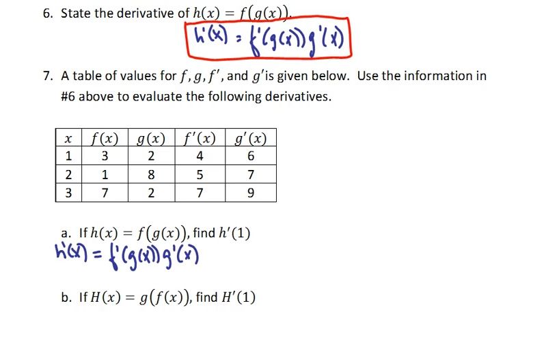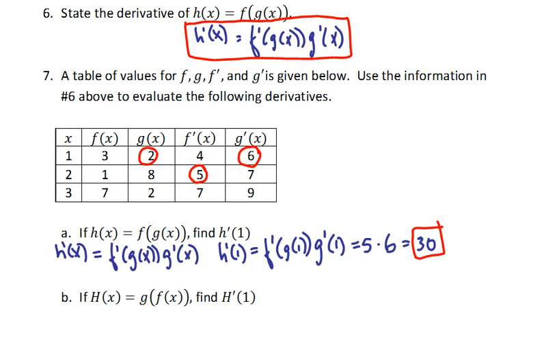So if we're looking for h prime of 1, then we need f prime of g of 1 times g prime of 1. Well, g of 1 is 2, so we need f prime of 2, and f prime of 2 is 5. Then g prime of 1 is 6, so we need 5 times 6, which is 30.